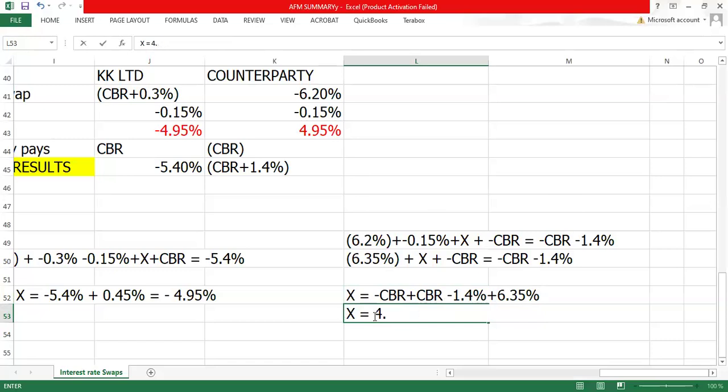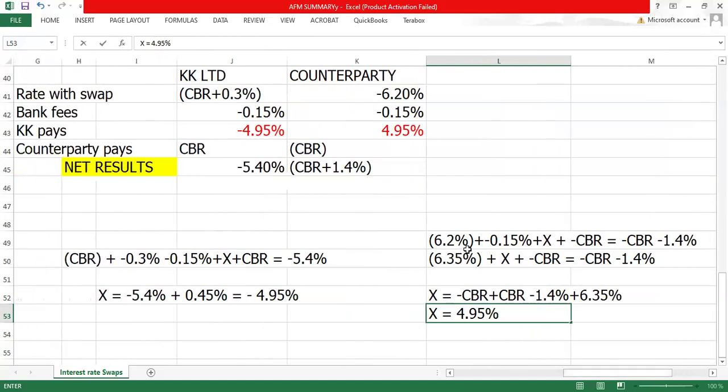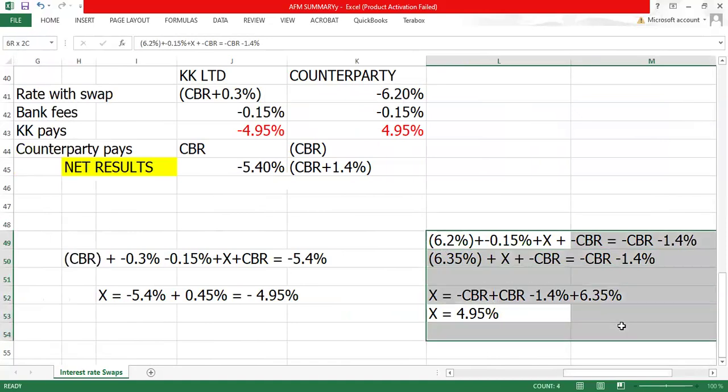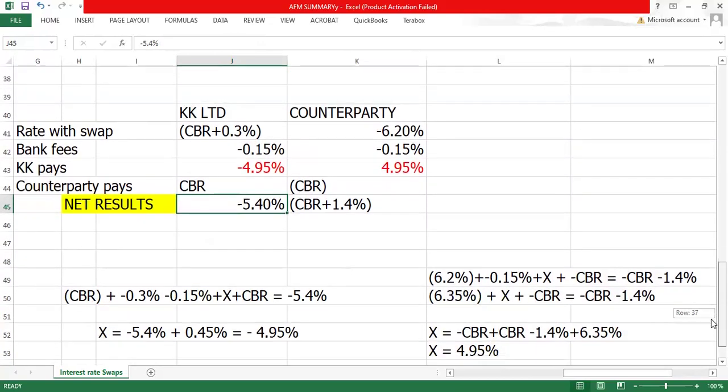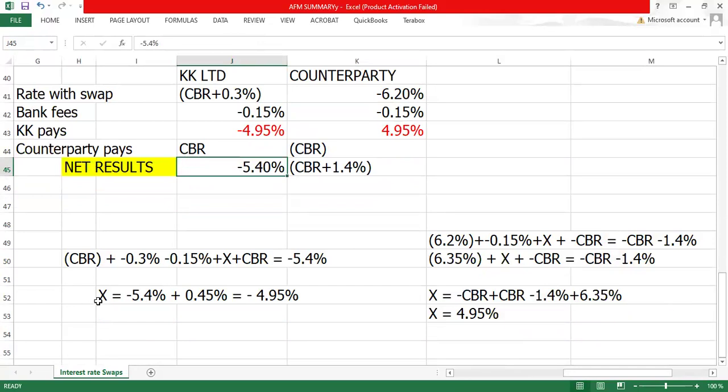So that's what you can do, but I don't recommend starting with this. It takes time. Just focus on the side where you don't have CBR on net result as you look for the unknown.